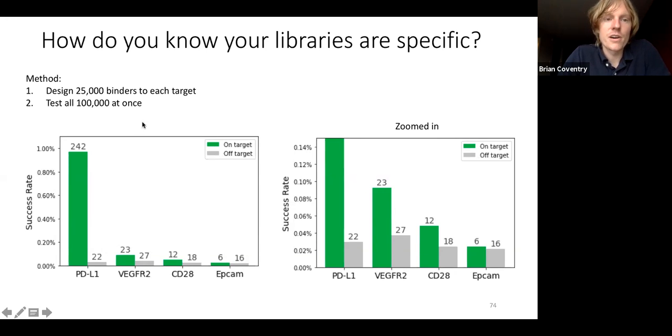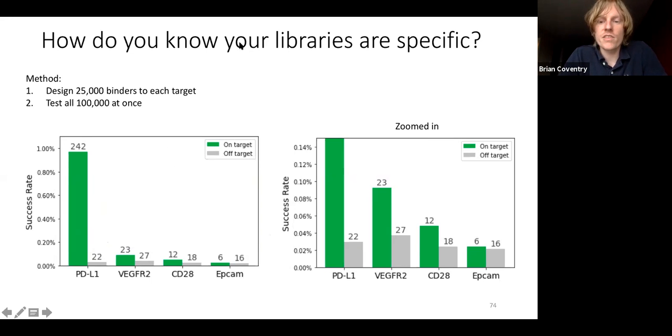So this is a library where I had 100,000 binders targeted to 4 different proteins, and the proteins are down there. What you can see is for PD-L1 here, where we actually had a decent success rate, the on-target to off-target ratio was very striking. We're definitely making specific things here, and we're not just phage displaying out of our library.